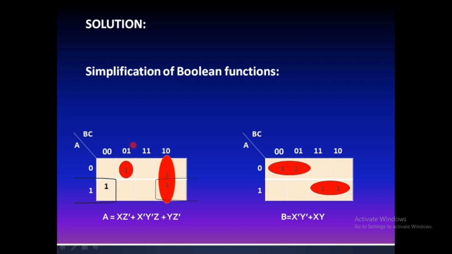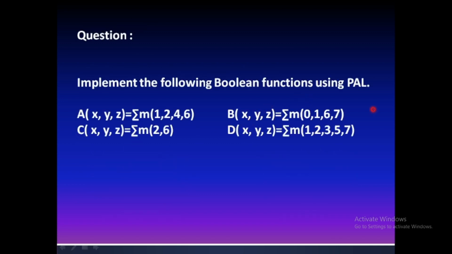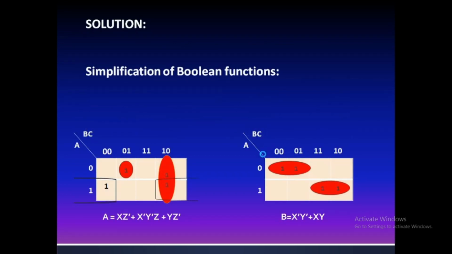Coming back to my second function, B of x, y, z is equal to summation m of 0, 1, 6, 7. I have simplified using the K map, which gives me two groups, with the expression x bar y bar plus x y.